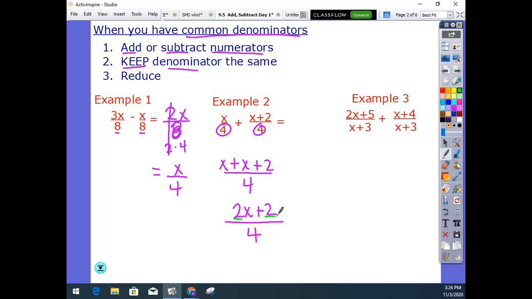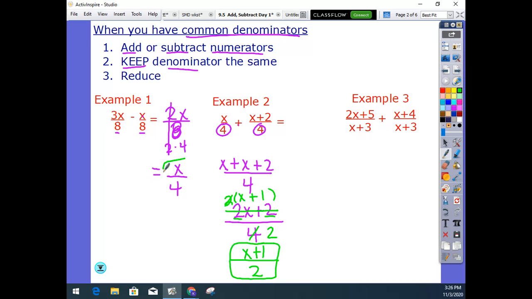See how there is a common factor of 2, a GCF. I can divide out the 2. Oops, that should be a 1. So I factor my numerator. 2 goes into 4 twice. And this is my most simplified answer.